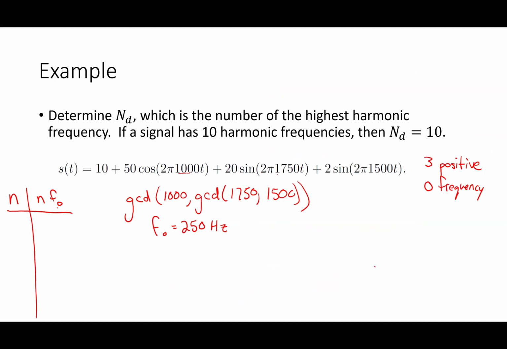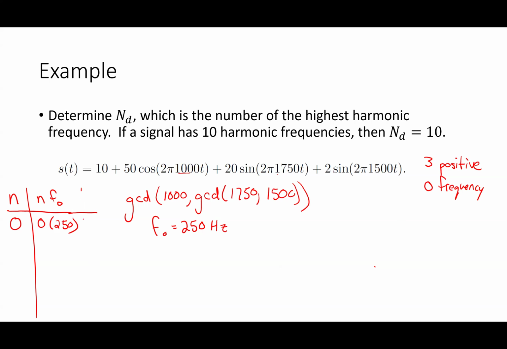Okay. Help me out here. I want to figure out what frequencies I have, what harmonics I have. So I'm going to plug in n equal to 0. 0 times f naught, 250, is what frequency? Well, that's 0 hertz.